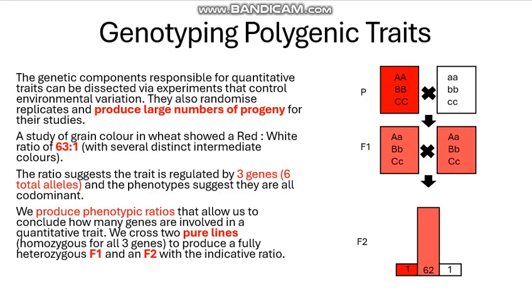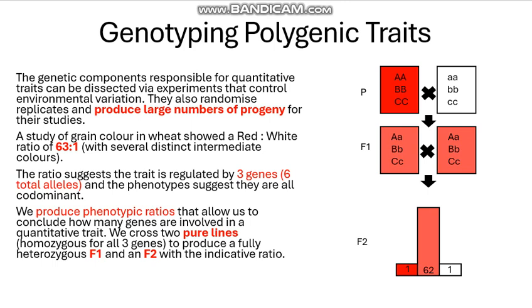So like we said on the last one, we cross these together, we've got a ratio here from this F2 of 1 in 64, because the little red box is implying the homozygous dominant, then 62 are different variations of these heterozygotes, and then the little white box is the homozygous recessive.